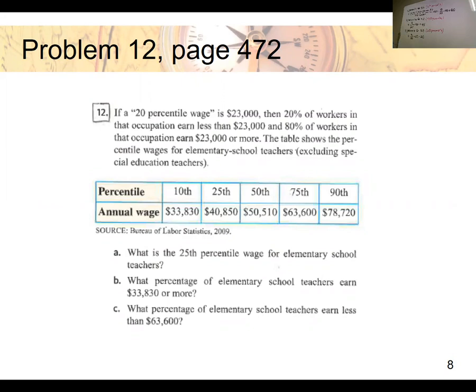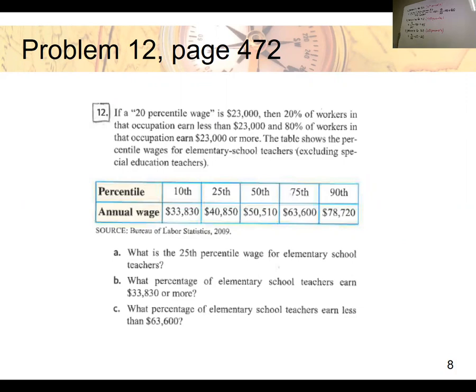It says here, if a 20th percentile wage is $23,000, then 20% of workers in that occupation earn less than $23,000, and 80% of workers in that occupation earn $23,000 or more. The table shows the percentile wages for elementary school teachers, excluding special education teachers.